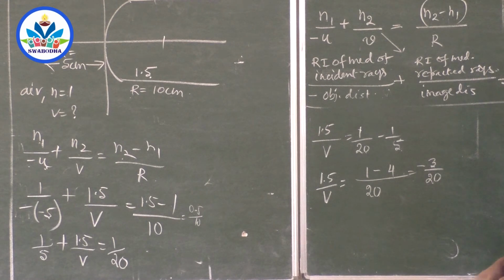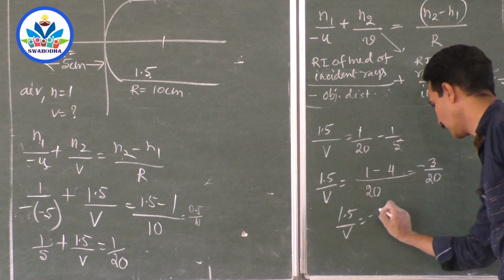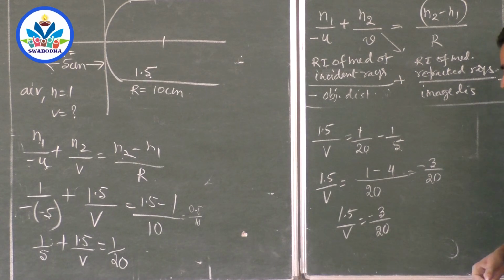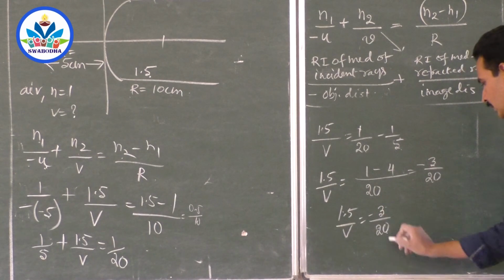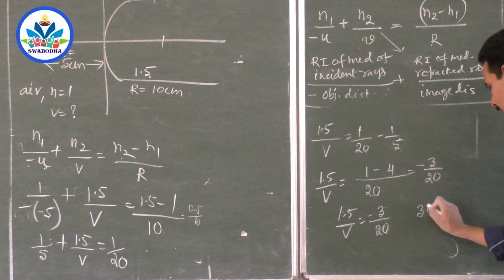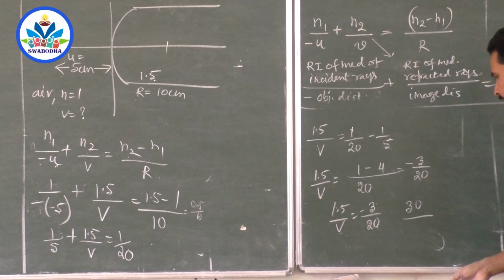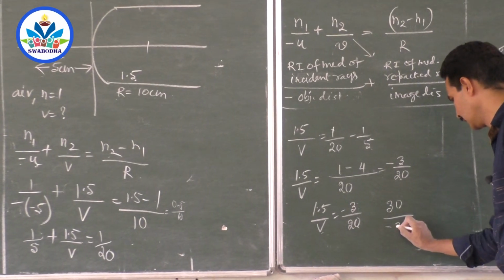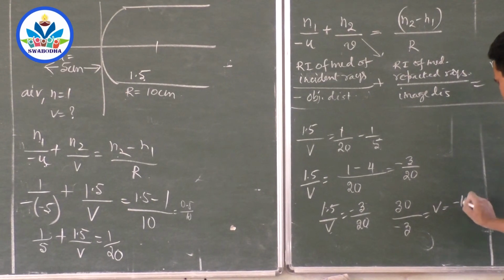So minus 1.5 by V is equal to minus 3 by 20. There is a chance that the image is formed on the same side. I will explain why we got V negative. Bring V here, 20 here. 20 into 1.5 is 30, and 3 comes to this side. That is equal to V. So V is minus 10 centimeters.